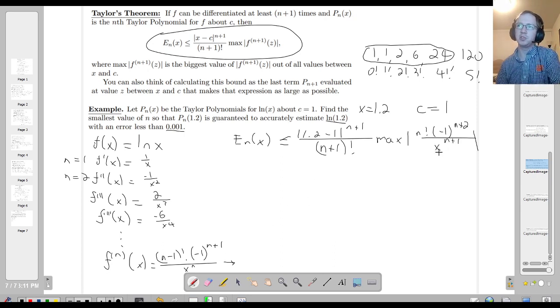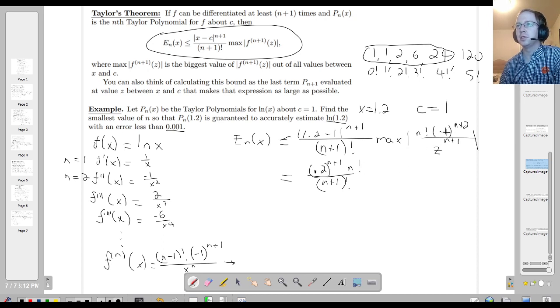But remember, I'm actually supposed to be plugging in z, so instead of writing an x there, I'm just going to write a z. Now I can simplify a bit. I've got 0.2 to the n plus 1 over n plus 1 factorial, and since I'm just trying to find the maximum according to what happens with z, I can go ahead and bring out this n factorial.